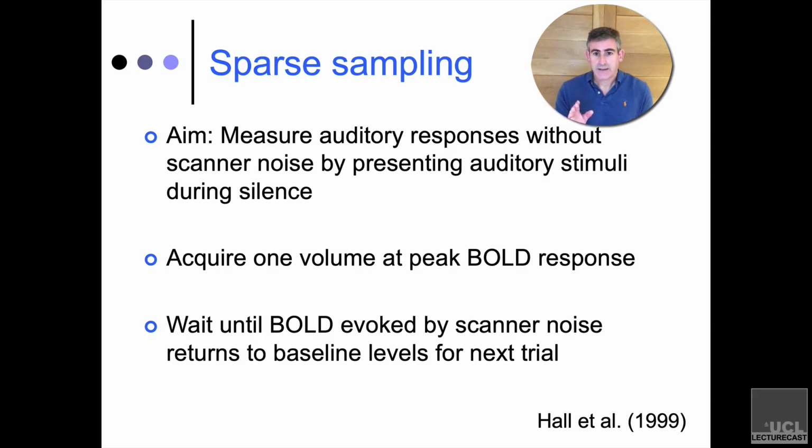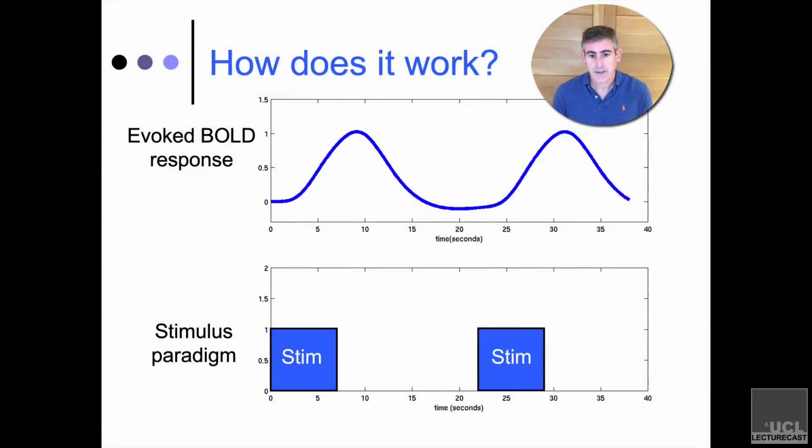And we're going to do that after a certain period of silence, when the gradient coils were off, and you just play stimuli during the silence. You wait until the right time to sample the bold signal, then you turn the gradient coils on specifically for that period. And then you just wait for all of that material to return to baseline, and you can repeat. So let me just illustrate that.